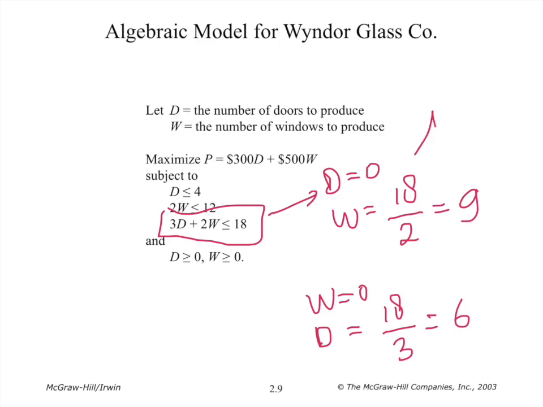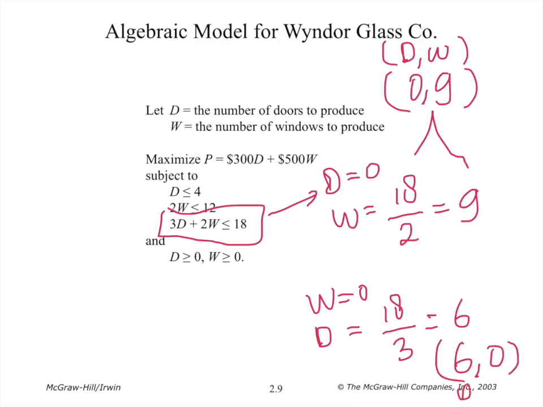So we get this point (0, 9), that is the (t, w) point, and then this (6, 0), also a (t, w) point. The coordinates are (t, w).